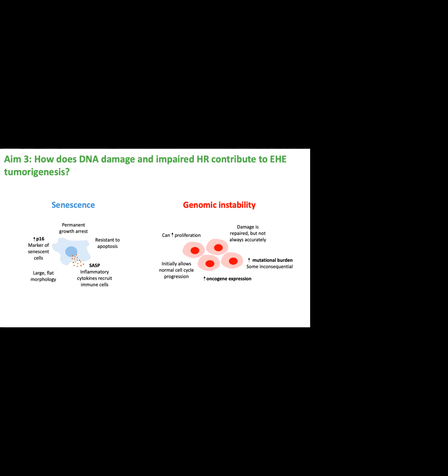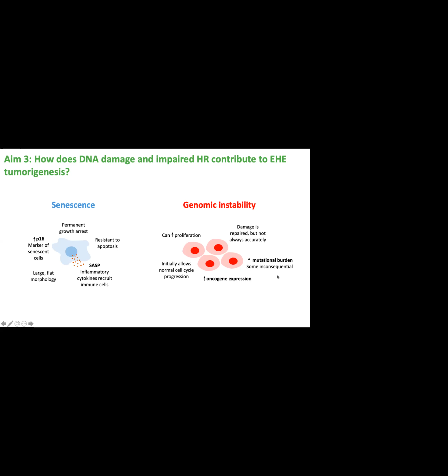So this is a type of growth arrest, and it's a tumor suppressive mechanism really to try and stop any mutations from being passed on. So these cells, they don't grow, they sit there. They're very resistant to apoptosis, and they have a very distinct morphology and express P16, which is a key regulator of senescence onset.